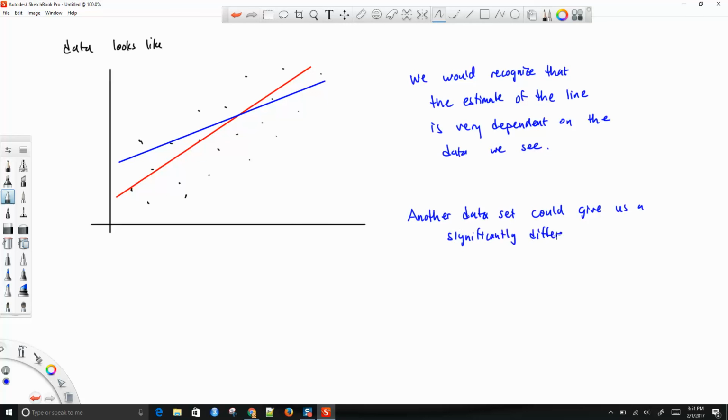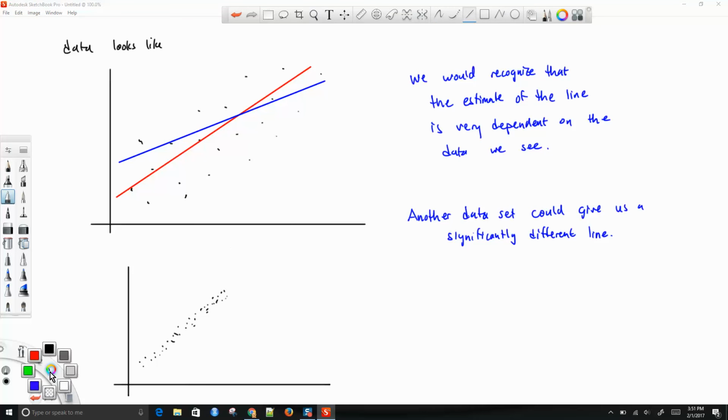Okay? Whereas if our current data set looks something like this, okay? Our fit would look like this, and if we generated another random data set from the same population, it might differ, but the amount of that line differing will be very small, right?